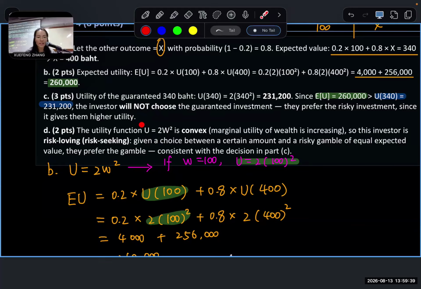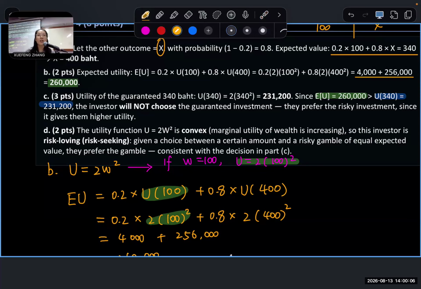All right, so the last question. What are this investor's risk preference? The utility function, you look at his utility function, right? U equal to 2W squared, just a quadratic function.